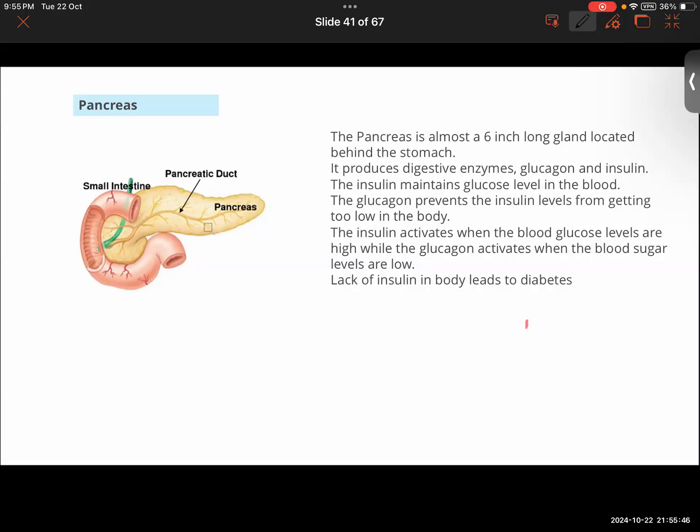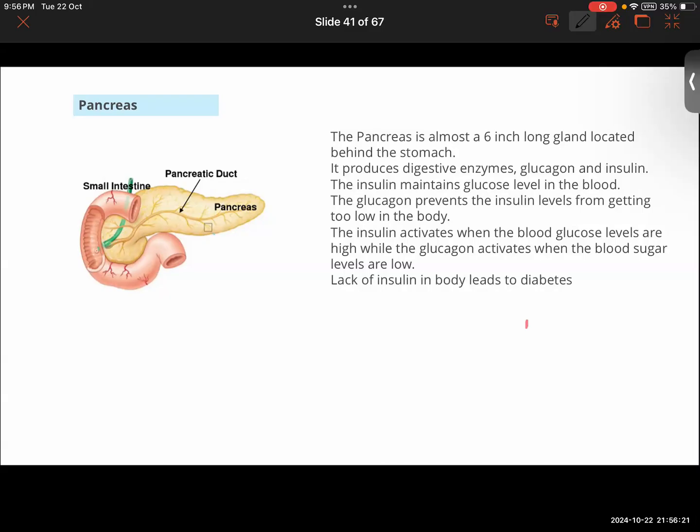I have one small question. The pancreatic juice is secreted into which part of the alimentary canal? The small intestine.